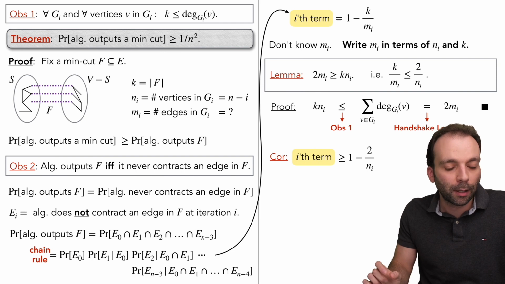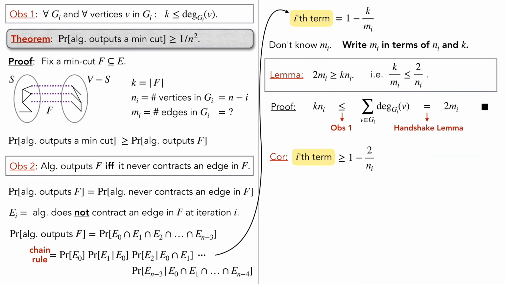So I'm going to disappear now for a while, so I have room here. We know what n sub i is. It's n minus i. So this is exactly 1 minus 2 over n minus i. And I can write this actually as n minus i minus 2 divided by n minus i. Why? Because I can just view this one as n minus i over n minus i. If you view that as that, then you see it, right?